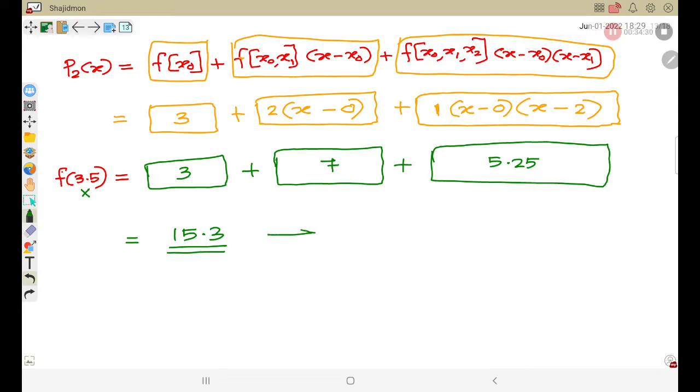This is the approximate value of f of 3.5, or p star value. So p star value equal to 15.3. I hope you understood this question.